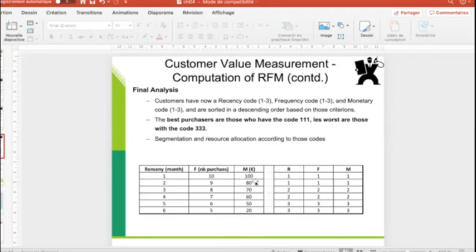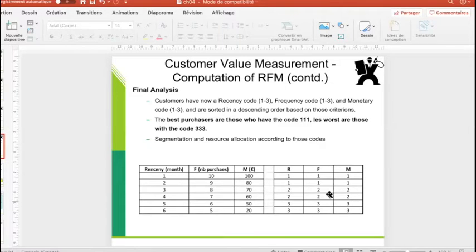So again, you have 2 customers who spent 180 euros, 2 customers 70 and 60 euros, and 2 customers between 50 and 20 euros, which means that I assign a score to these 3 groups. Group 1 will have score 1, group 2 score 2, and group 3 score 3.